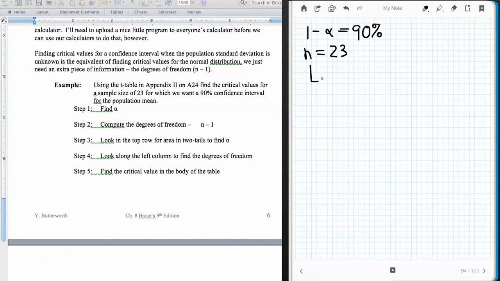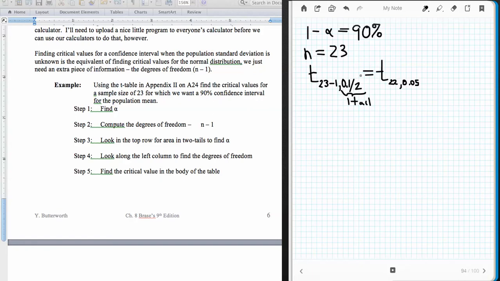In order to find our t with n minus 1, and then 0.1 divided by 2, this is going to be a t with 22 degrees of freedom and 0.05. Remember that this is one tail. When you do the alpha over 2, that's what's in one tail. If we wanted what's in two tails, we just use the 0.1.